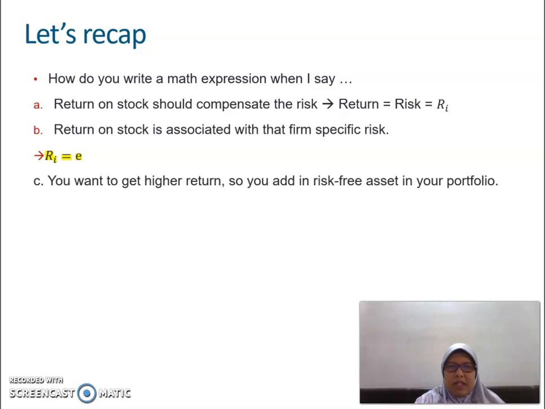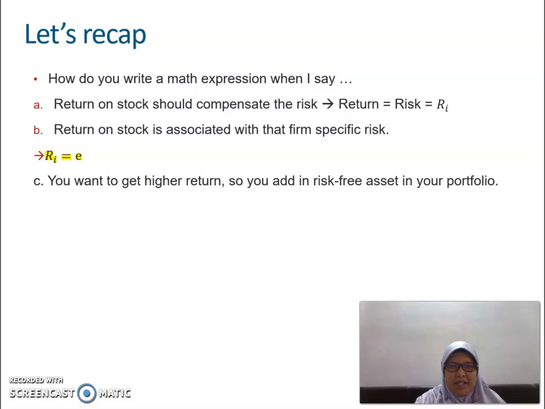Now, number 3. Write a math expression when I say you want to get higher return, so you add a risk-free asset in your portfolio. Okay. So how did you do it? You want to get higher return, so you add a risk-free asset in your portfolio.